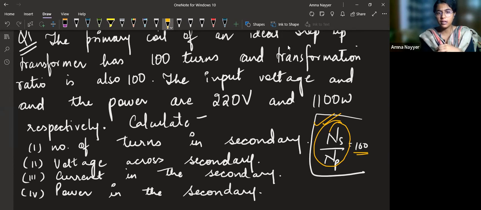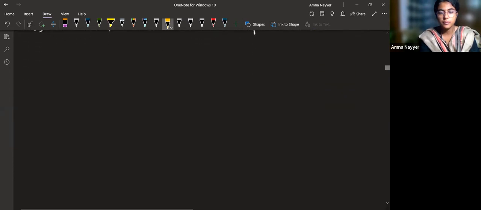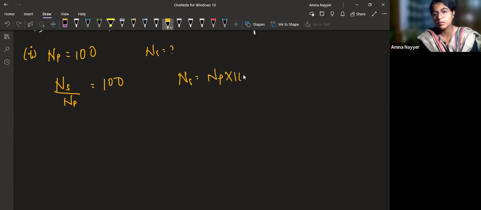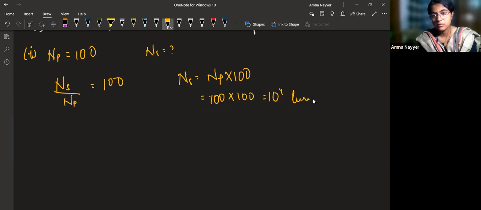Number of turns in the secondary: number of turns in primary is 100 and NS by NP is 100, so number of turns in secondary will be 100 into 100, which is equal to 10 to the power 4 turns.